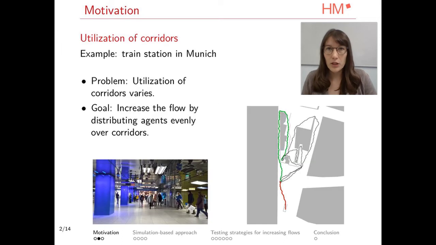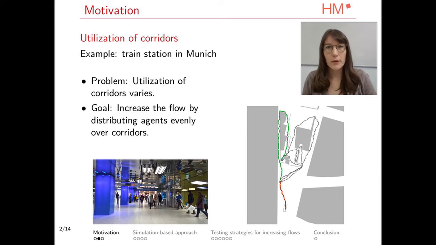In my research, I focus on train stations, in particular a train station in Munich. This train station is kind of special because there are many routes to get to the train. You can see a sketch of the top-down view on the right. What is important is that the utilization of the different routes or corridors varies strongly.